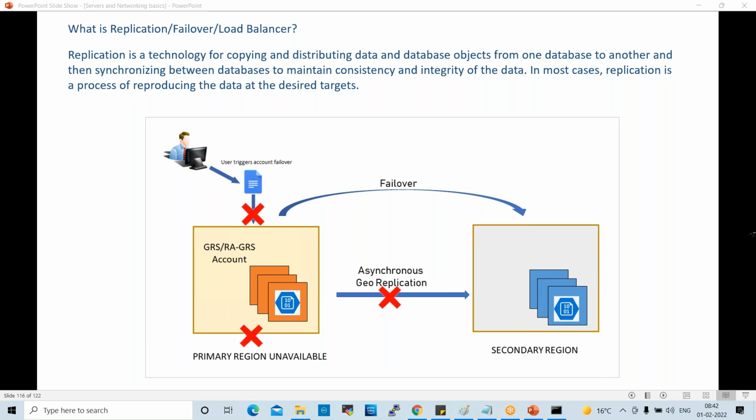AWS is maintaining some backup mechanism, because if both regions are down, data will be lost. To avoid that, AWS provides backups, and data will be accessible once they enable the backup.